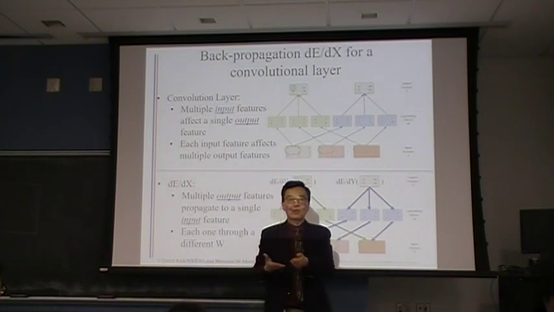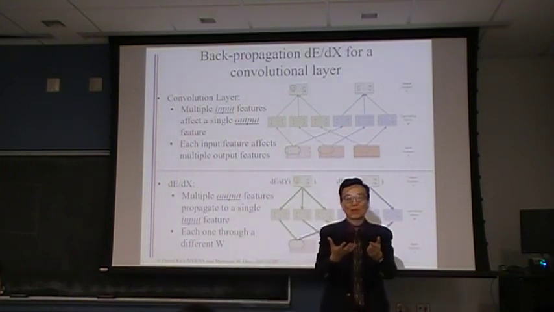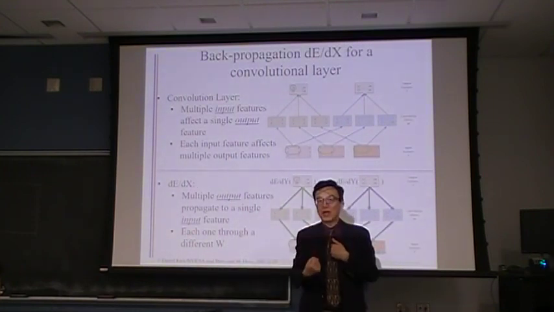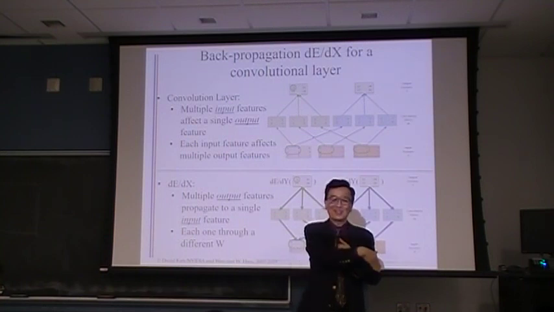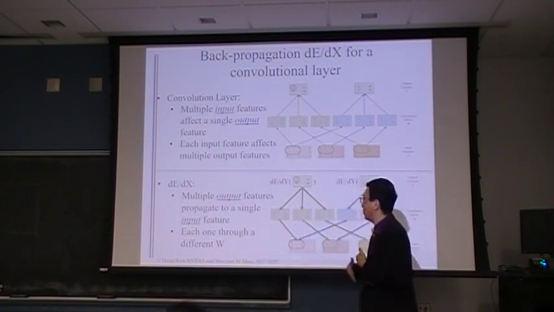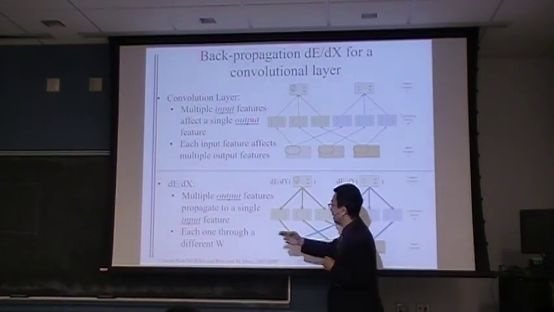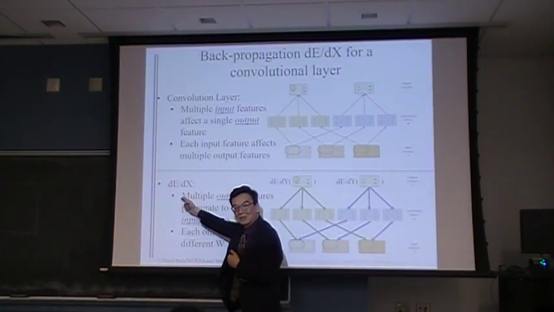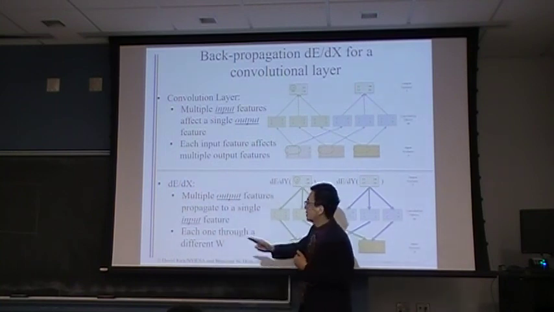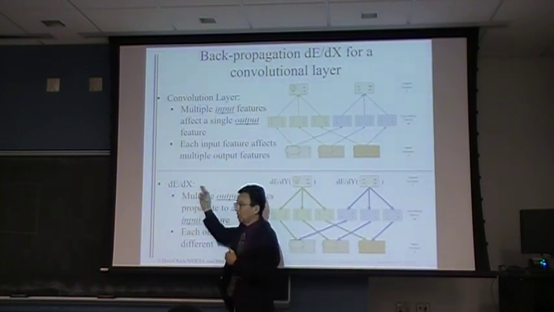So if you can generate delta E, delta X for yourself, then you've prepared for the next layer, right? That will complete the back propagation. So the second step you need to do for each layer is to calculate delta E, delta X.